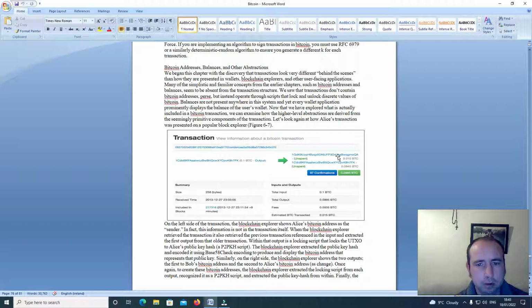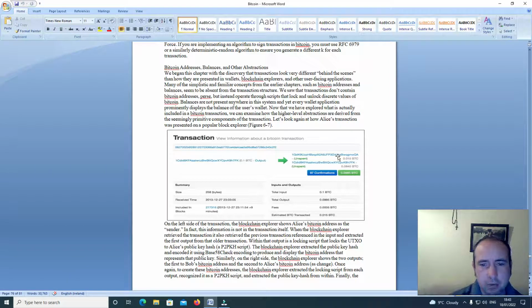We saw that transactions don't contain Bitcoin addresses, but instead operate through scripts that lock and unlock discrete values of Bitcoin. Balances are not present anywhere in this system, and yet every wallet application predominantly displays the balance of a user's wallet.